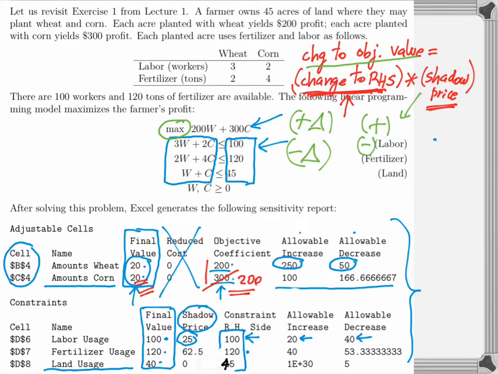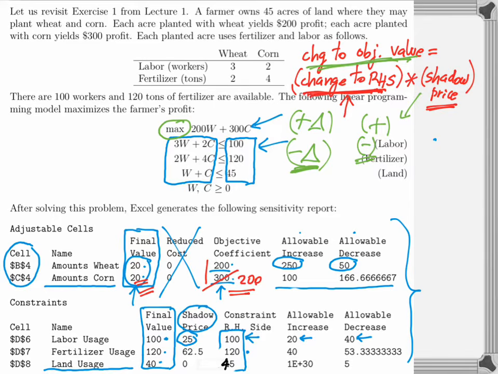And because I am maximizing, I like it because it's driving my objective up. Likewise, if I am making a change to a constraint by decreasing its right-hand side, so the change is a negative amount, and it turns out that the shadow price of that constraint is also negative, the result to the objective is a negative times a negative, right? By this formula in red, which is a positive, and I also like it because I am maximizing.